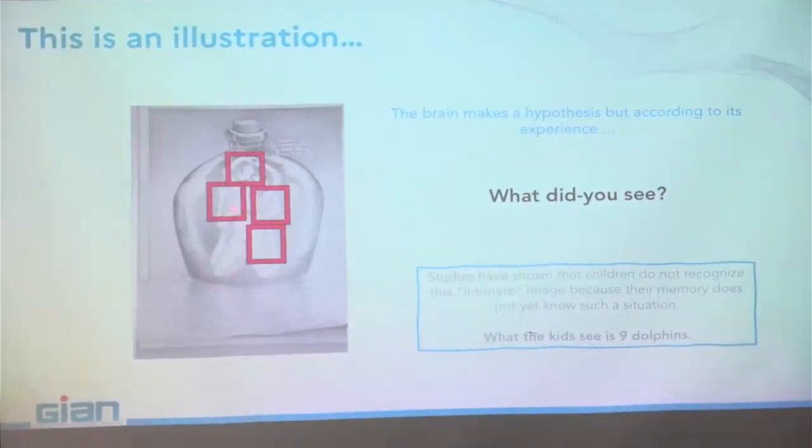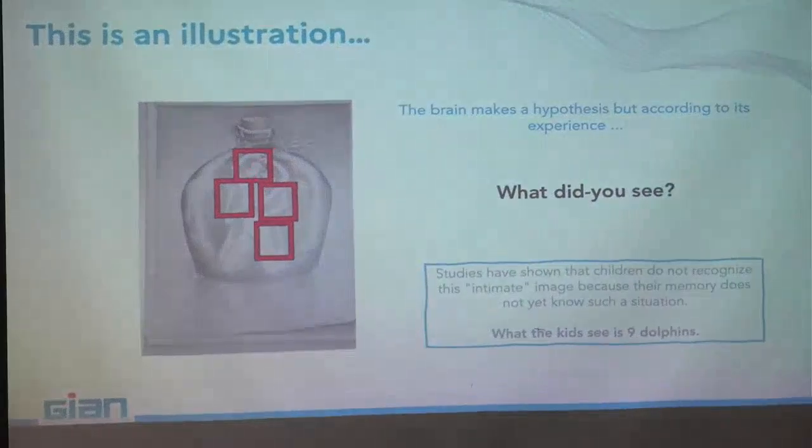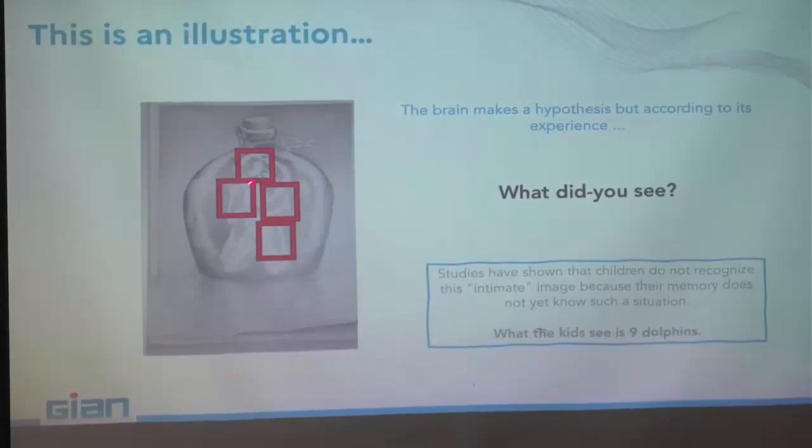There are. The nose, the tail. For a young kid, this figure that you see, you and me, doesn't have any meaning, but the kids see the dolphins. And they are 9. I took a time, I count them. But above a given age, you learn things, and you interpret the image to a different way.